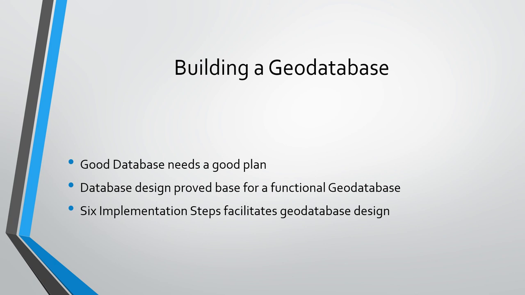So I think using the implementation steps really does kind of help you flow your data in a way to where the end user is going to understand, and yourself. See where you're going, what you need, what you don't need, that kind of thing.